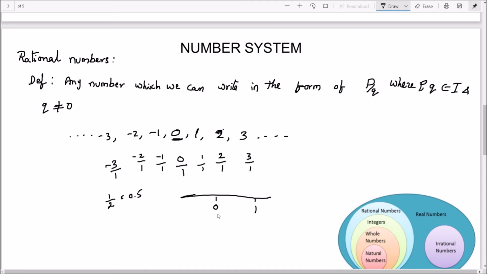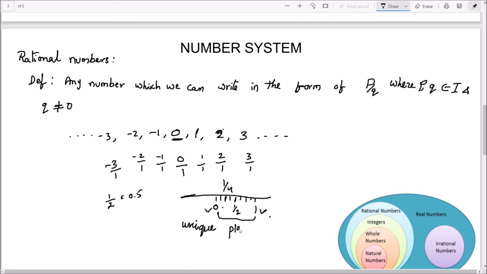Along with integers, if you take two integers, suppose 0 and 1, in between 0 and 1, 1 by 2 is there. 1 by 4 is there in between 0 and 1 by 2. So on a number line, for every rational number, there is a unique place on the number line.